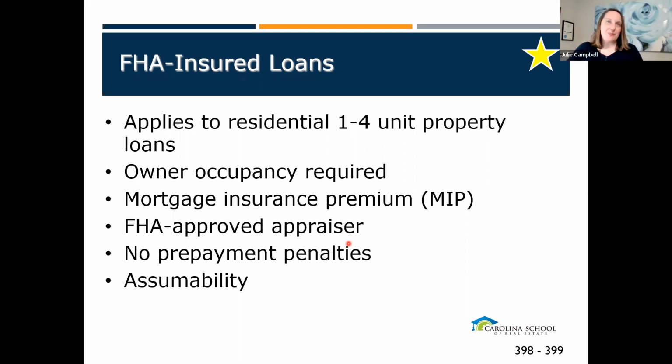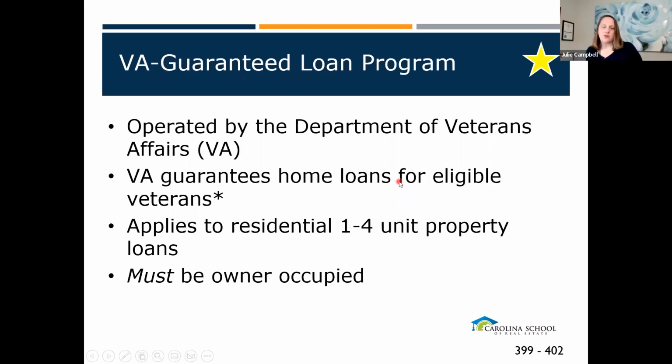Another loan type that's backed by the government is our VA guaranteed loan. VA loans are set aside specifically for our veterans. Not all veterans will qualify for a VA loan. They still have to go through an approval process. They still have to get approval by the lender.